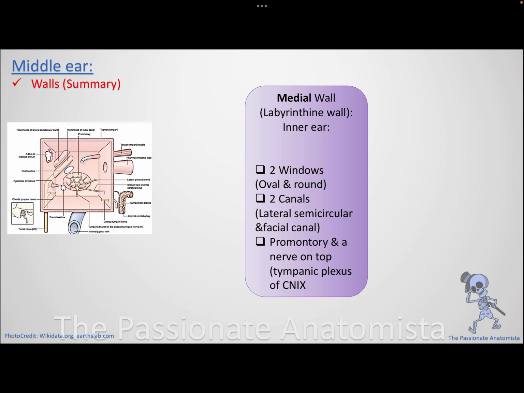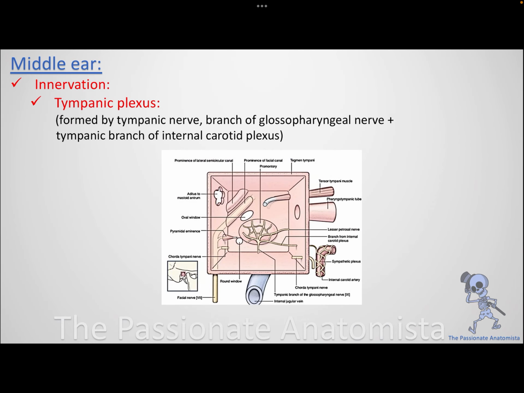Okay, because we have anterior, I'm trying to draw, we have anterior, we have posterior semicircular canal, and the only one that can bulge into the middle ear cavity is the lateral semicircular canal. So this is the bulging one here, and the two windows are the only communication for the sound between the middle ear cavity and the inner ear. They are the oval window above and the round window below, and we're going to talk about that as we talk about the transmission of sound.